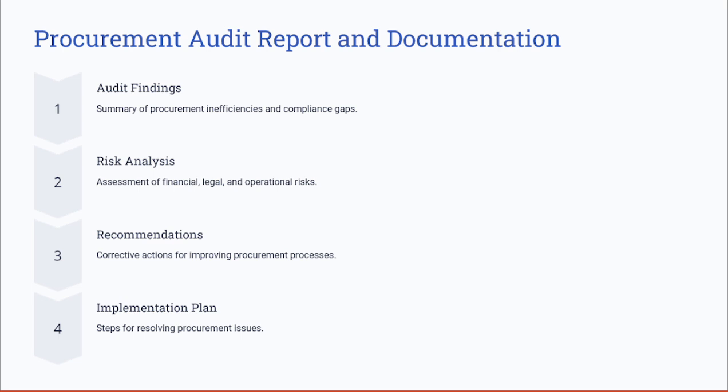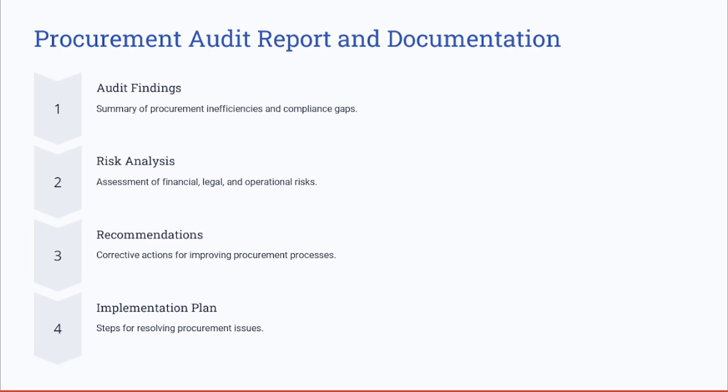The key components of any procurement audit report include the audit findings, which summarize all of the procurement inefficiencies, processes, and compliance gaps that need to be dealt with. We also have risk analysis, which is an assessment of these procurement inefficiencies and compliance gaps in terms of financial, legal, and operational risks, and their impact on the organization or project itself.